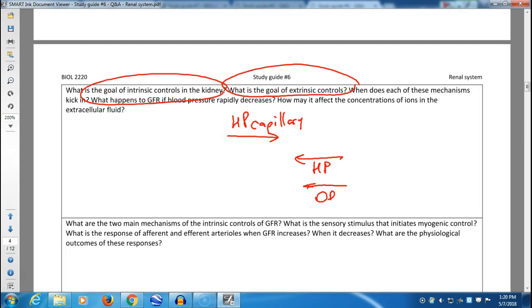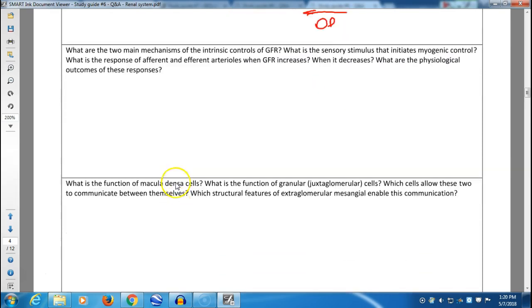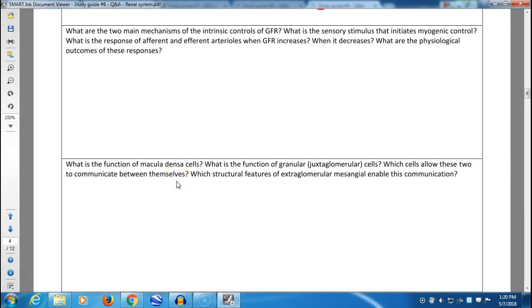There are 2 main mechanisms of the intrinsic control of GFR. I will ask you questions like that. Those are the most hated questions by you and by me, but I will ask them because I have no other way to ask. Remember, those are intrinsic mechanisms.